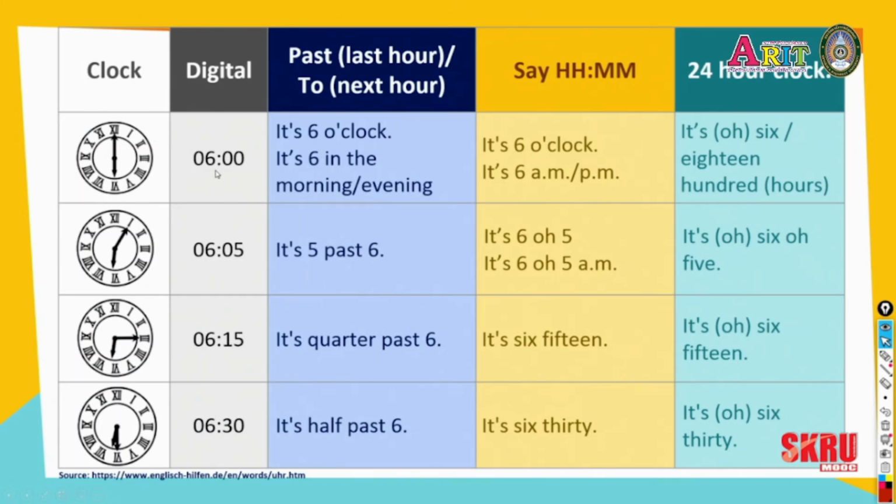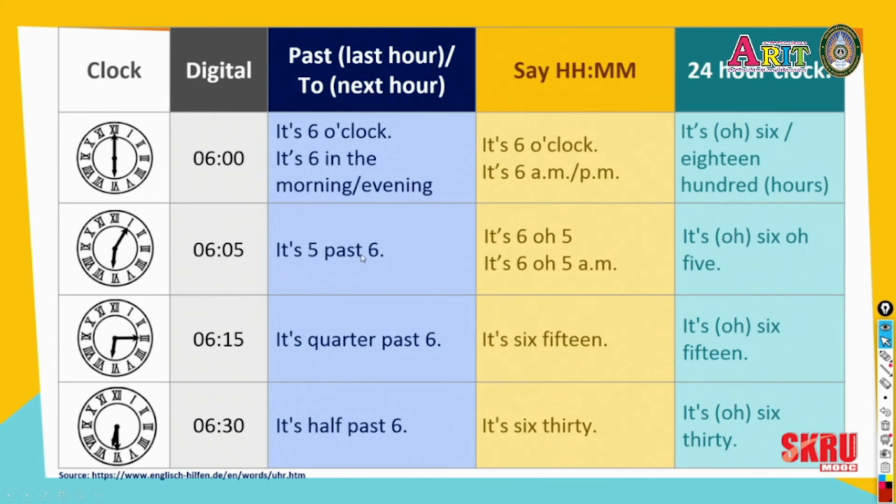Looking at the 3 clocks. It's 6 o'clock. We might use AM or PM to define morning, evening. With past and to, we'd say it's 6 in the morning, 6 in the evening. And it's 0600 hours, it's 1800 hours, it's 6 o'clock.